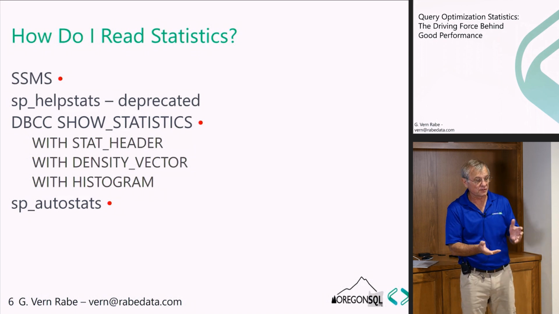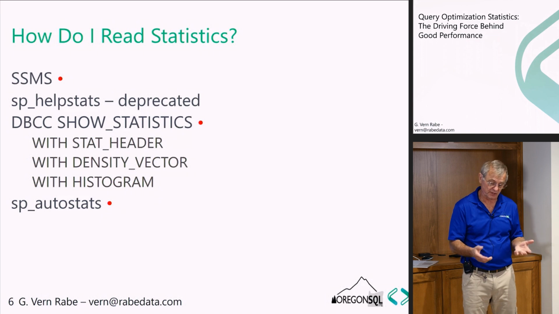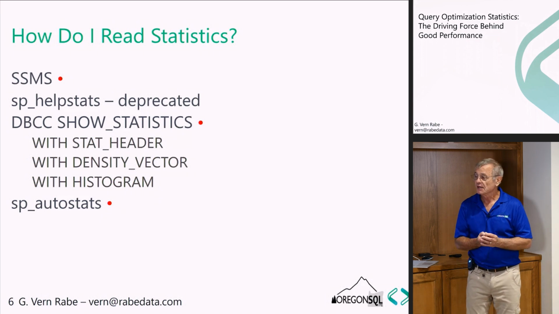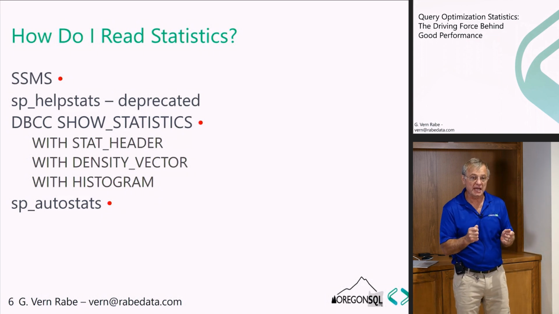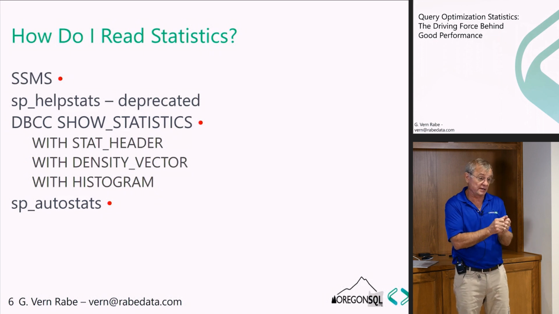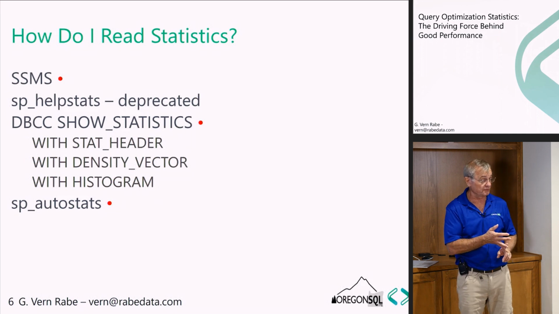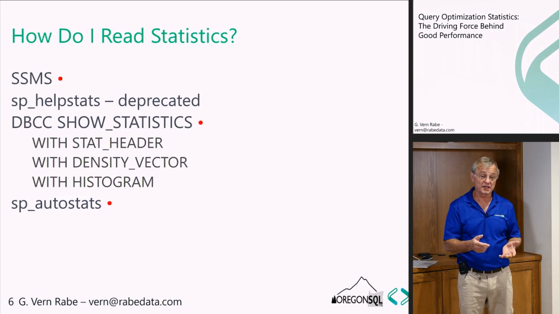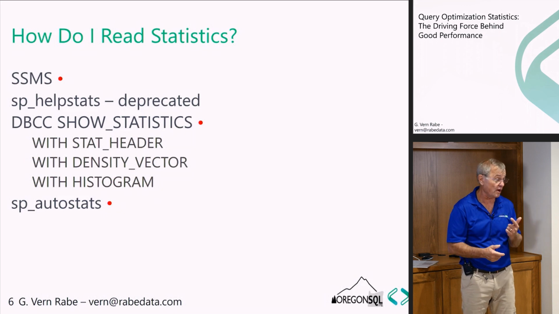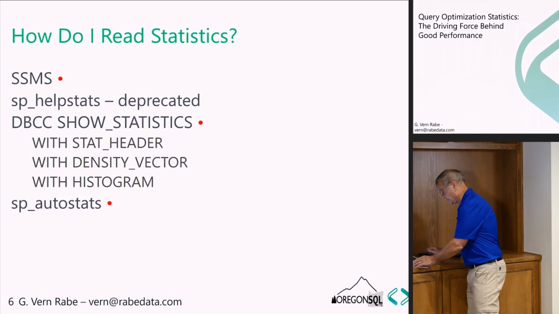There has to be a certain amount of changes made before it'll get updated, otherwise it's just not worth it. You can turn off that behavior so that once statistics are created, they're not updated. This stored procedure shows you whether or not a column is configured to be automatically updated. It also allows you to turn on or off that automatic updating.